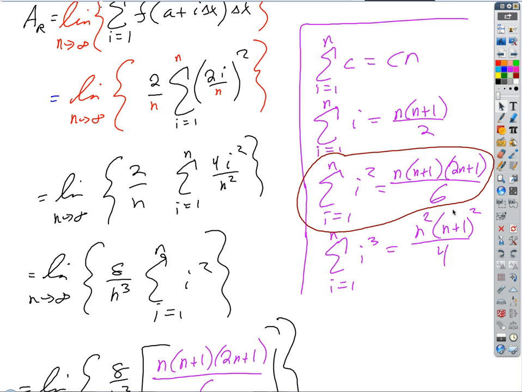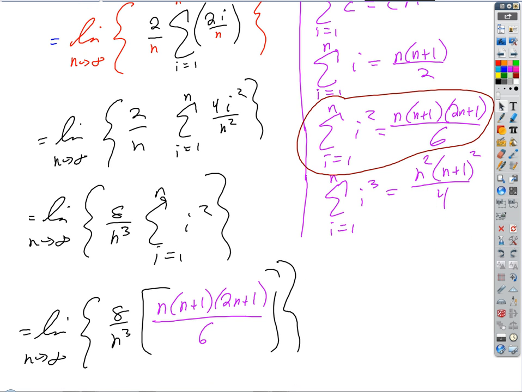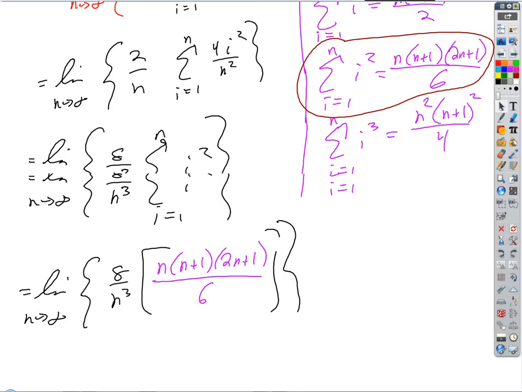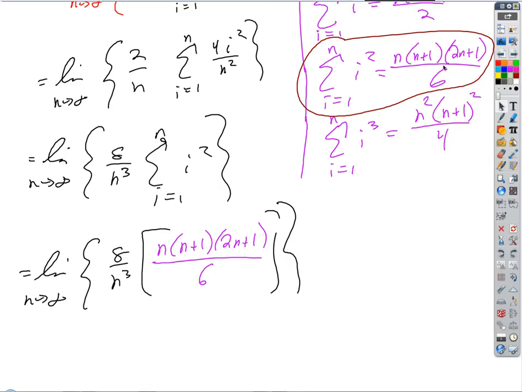That's useful to us here because in our evolution of this problem, when we square this out, we can pull the 4 over n out front of the sigma, and we're left with just the sum of i squared, which is this. If I write that in terms of the finite sum, inside the limit I've got this big expression involving n's.